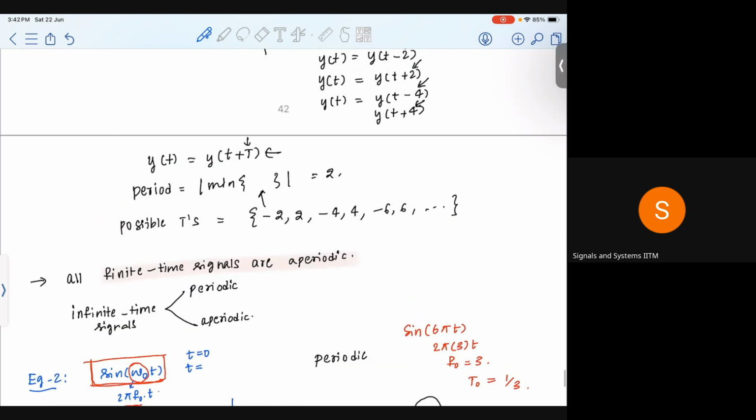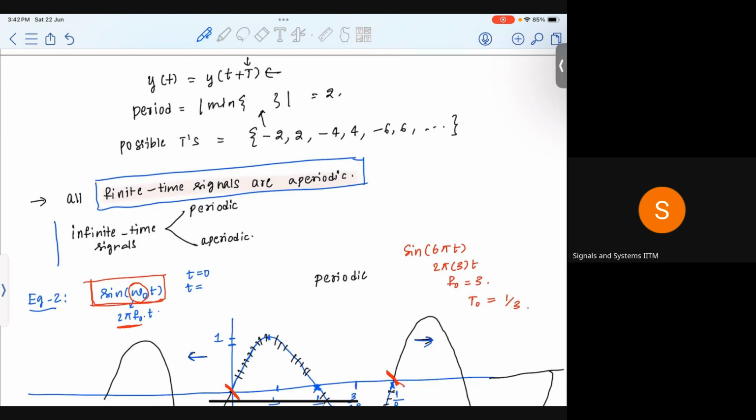So the period is defined for all infinite-valued signals. For all finite time signals, all those signals are aperiodic. Suppose the given signal is an infinite time signal, then we have this property of periodicity or aperiodicity. Suppose the signal is periodic, we also have the fundamental period for it.